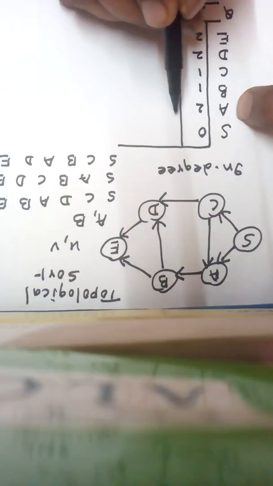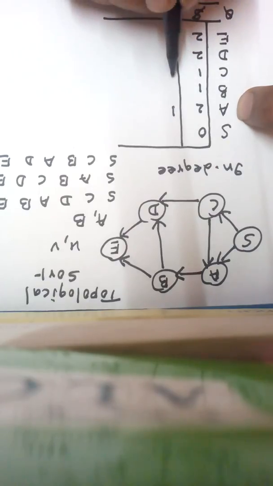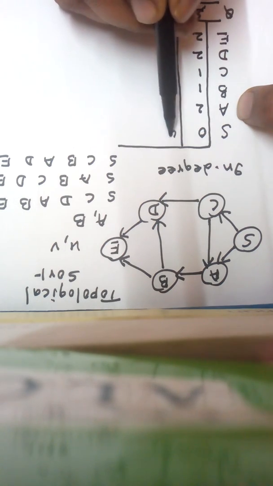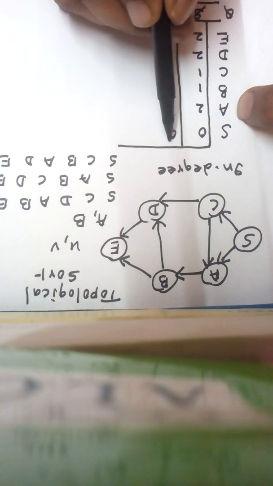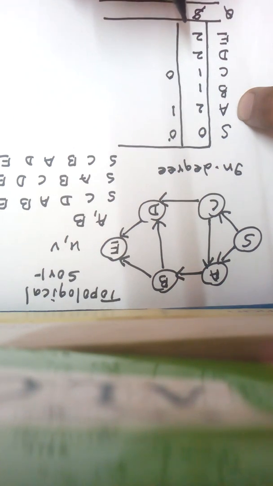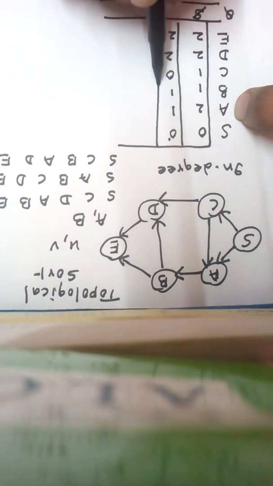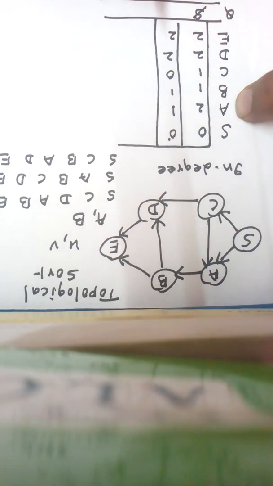A and C. So in degree of A gets reduced by 1 and C gets reduced to 0. The rest of the vertices' in degree remain the same. So B remains 1, in degree of D remains 2, and in degree of E remains 2. So in this iteration, we are going to check if there are any new vertices with in degree 0. Yes, there is one. It is C. So C is NQ'd.